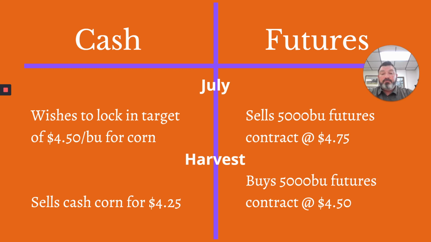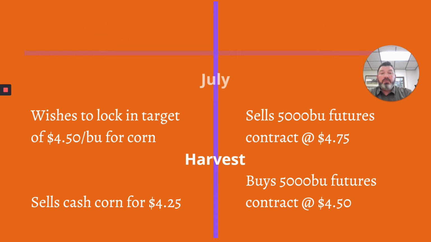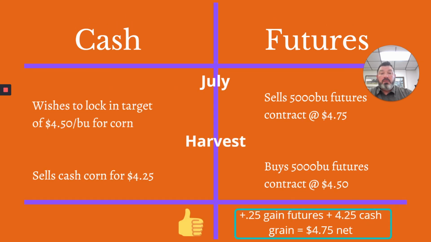So let's see how we made out here. Well, if you subtract $4.50 from $4.75, we made 25 cents in the futures market here. We sold it at $4.75. We bought it back at $4.50. We made 25 cents. We take that quarter and we add it to what we got for corn across the scale at $4.25.